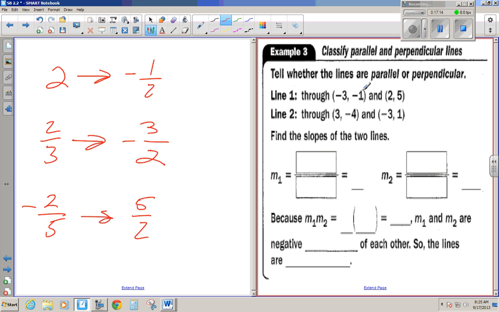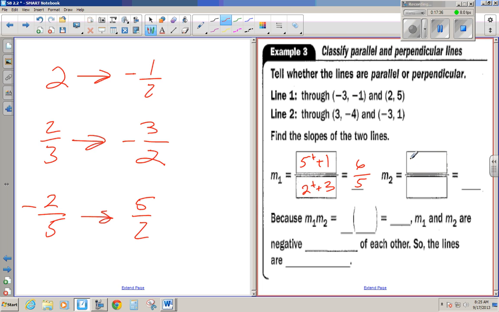Tell whether the lines are parallel, perpendicular, or neither. Well, M1 is 5 minus negative 1, over 2 minus negative 3. That's 6 over 5.